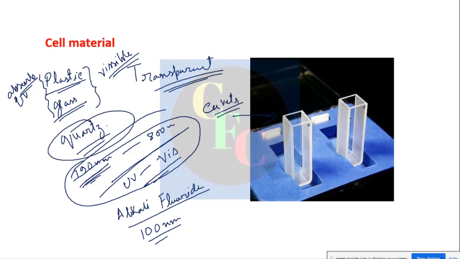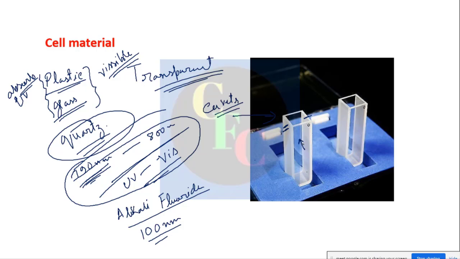Now if you see this quartz cuvette, these opposite sides are clear and these are sanded, right? These sides are sanded, that means no light should be lost from this side. So they are kept sanded, and this way the light should pass.